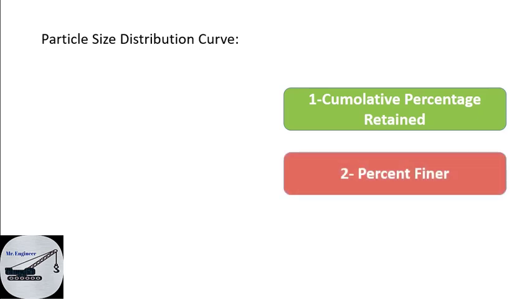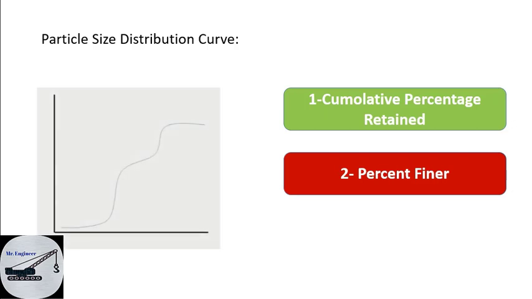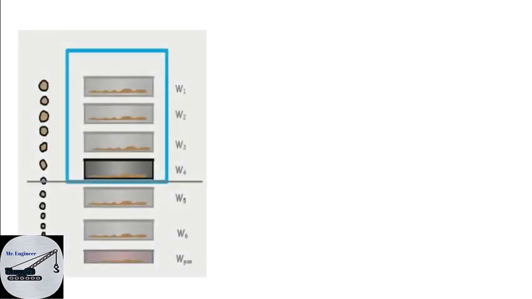For drawing the particle size distribution curve, we need two values. One is cumulative percentage retained and the other is percent finer. First we will calculate the cumulative percentage retained. Let's write our calculation in tabular form.